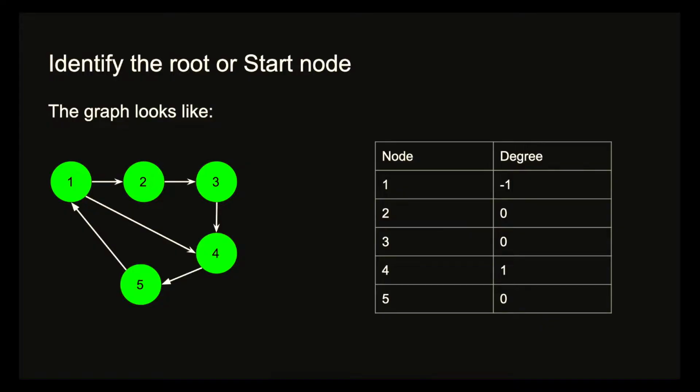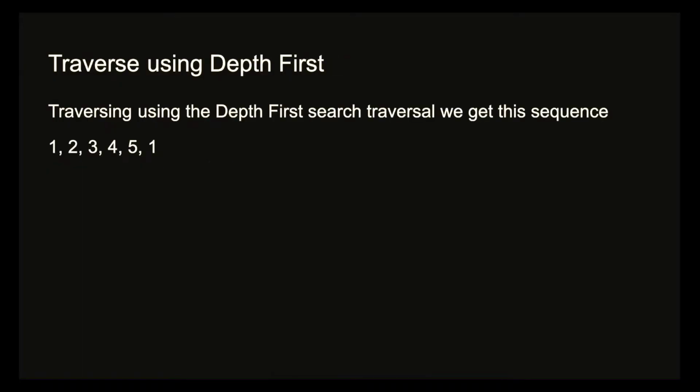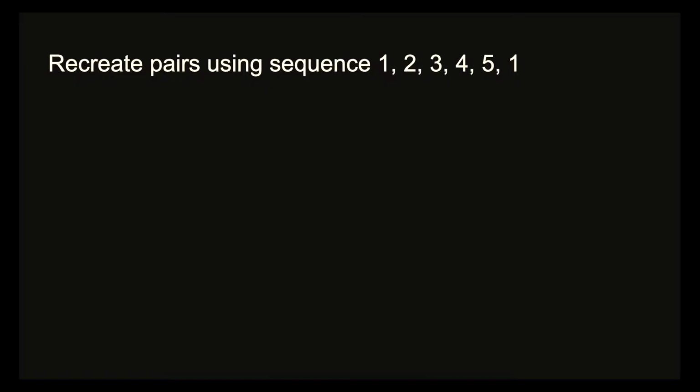So if we have a node with degree of minus 1, we can use that as the root, else we can pick any arbitrary node. Once we have identified the root element, we then traverse using depth first traversal. So traversing this specific graph, we get the sequence 1, 2, 3, 4, 5, and 1. Finally, we recreate the pairs using this sequence.